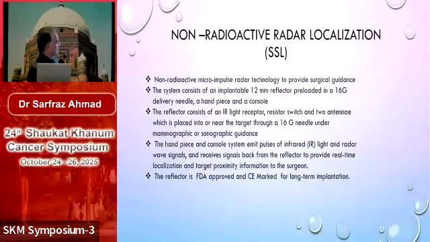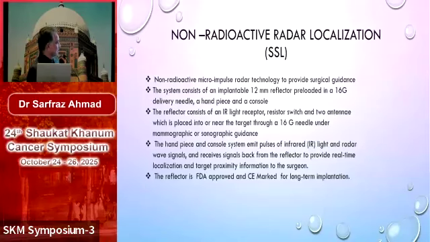The system consists of an implantable 12 millimeter reflector, which comes in a 16 gauge preloaded delivery needle, a handpiece, and a console. The reflector consists of an infrared light receptor, resistor switch, and two antennae, which is placed into or near the target through a 16 gauge needle.